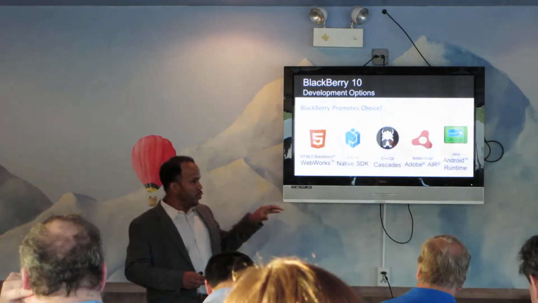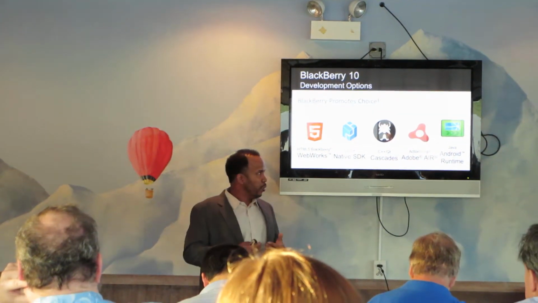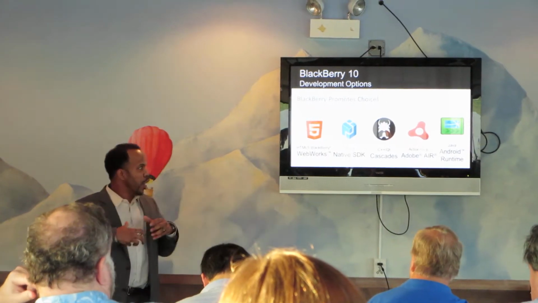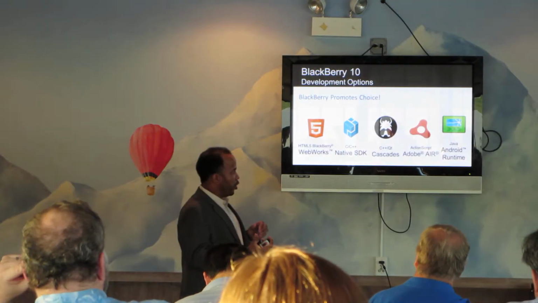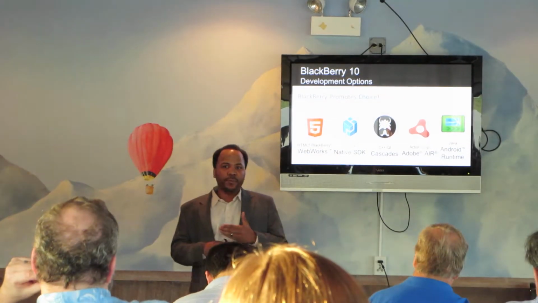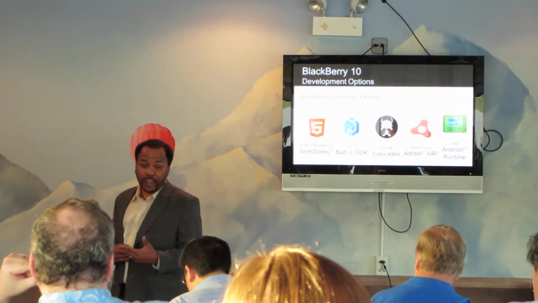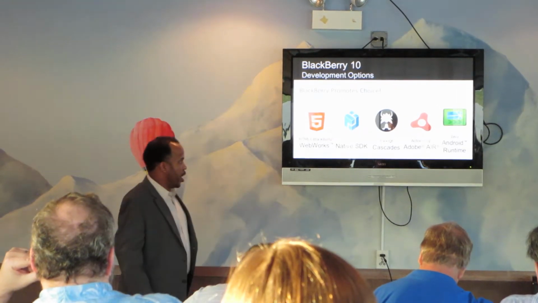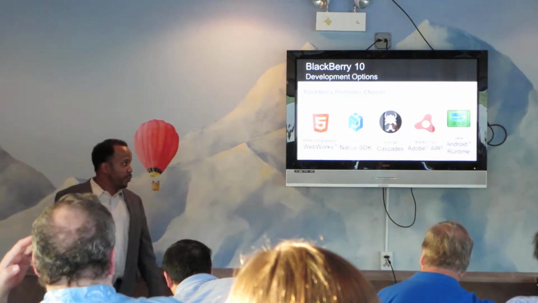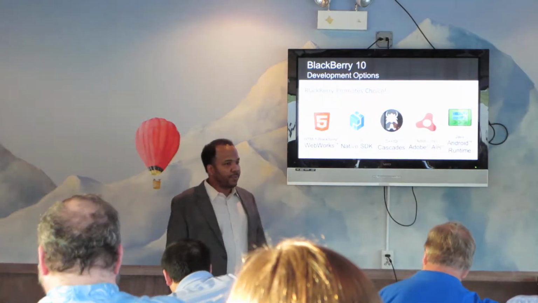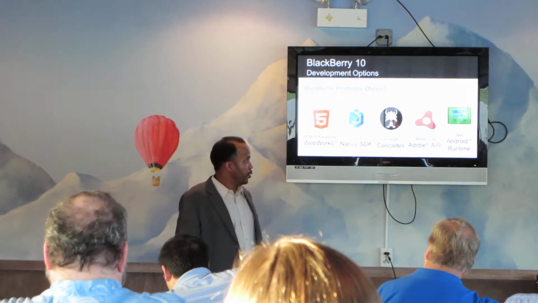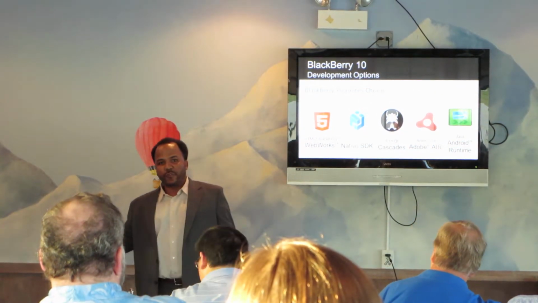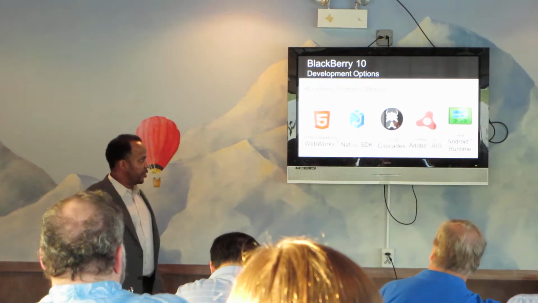But Qt or QML, which stands for Qt Modeling Language, essentially gives you tools and other components that allow you to rapidly build a compelling user interface, in addition to being powered with a C++ set of business logic. So that's my favorite approach now. In fact, many of the applications that I've been building or helping customers build, we've been doing with Cascades. A lot still go down the path of WebWorks because of the benefits of web technologies.